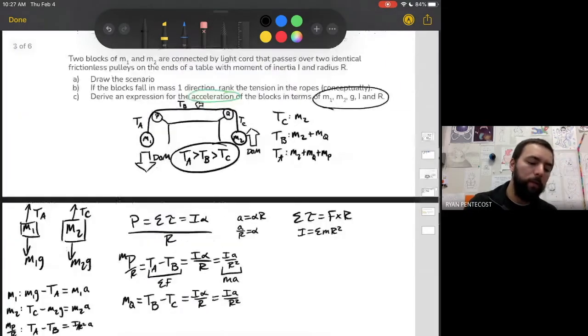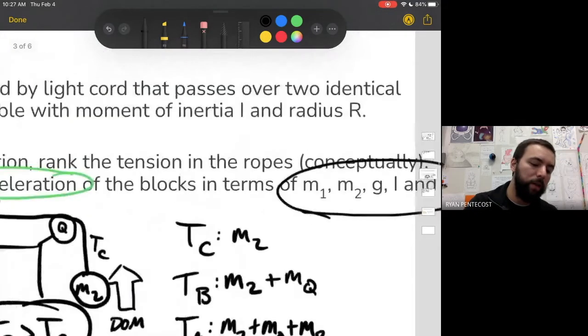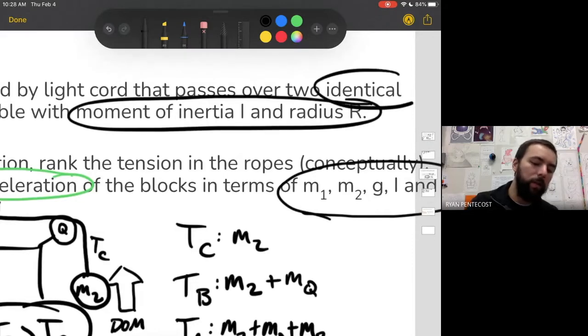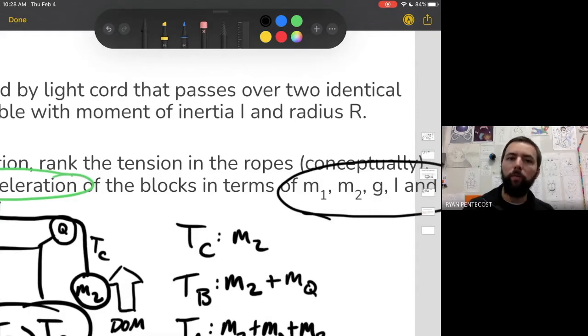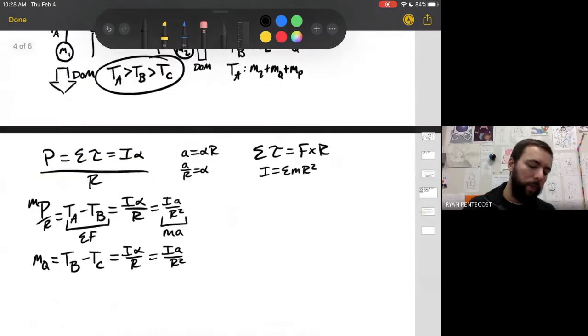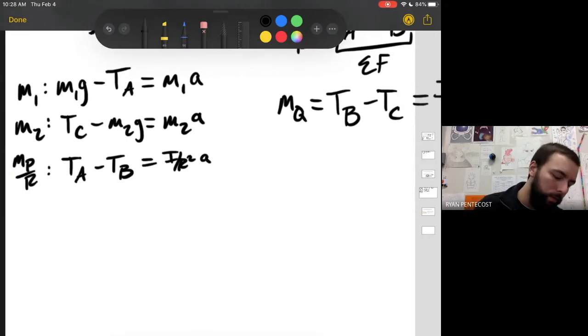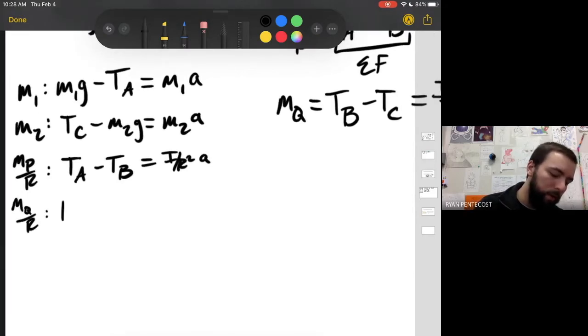The reason we're not making a big fuss about this is because the moment of inertia and radius are identical. Okay, we've got two identical pulleys. So that's why the MQ and MP doesn't have a different IP or IQ or RP and RQ. So that also equals IA over R squared. So we will put that right over here. That fits MQ over R. You've got TB minus TC equals I over R squared A.